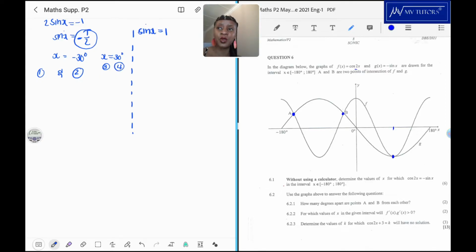So it's up to you whether you use x is equal to 30, but make sure it's in the third and fourth quadrant because that's where it's negative, or you use your value as it was, the negative a half, and you know that sine is positive in the first and the second quadrant. I really hope I didn't lose you there, but if I did, please comment below and I will gladly explain to you individually.